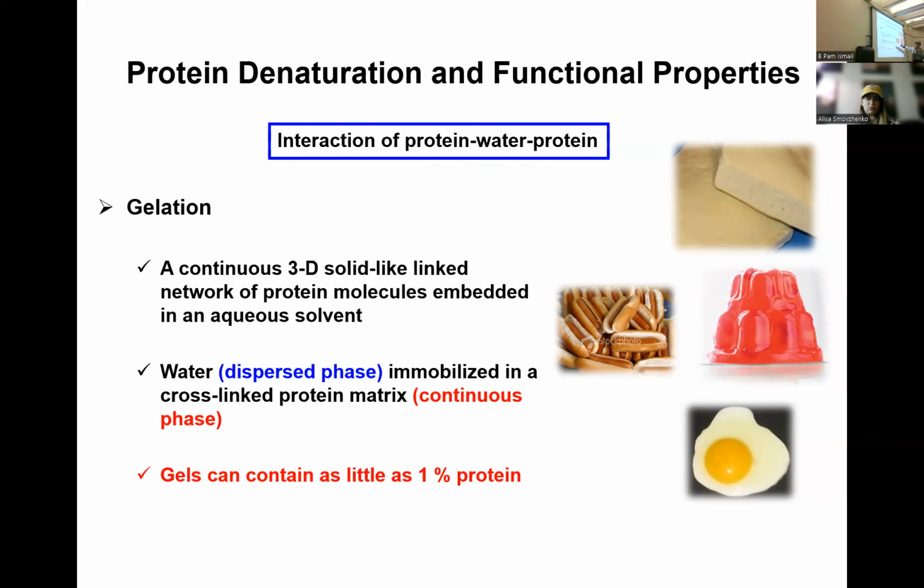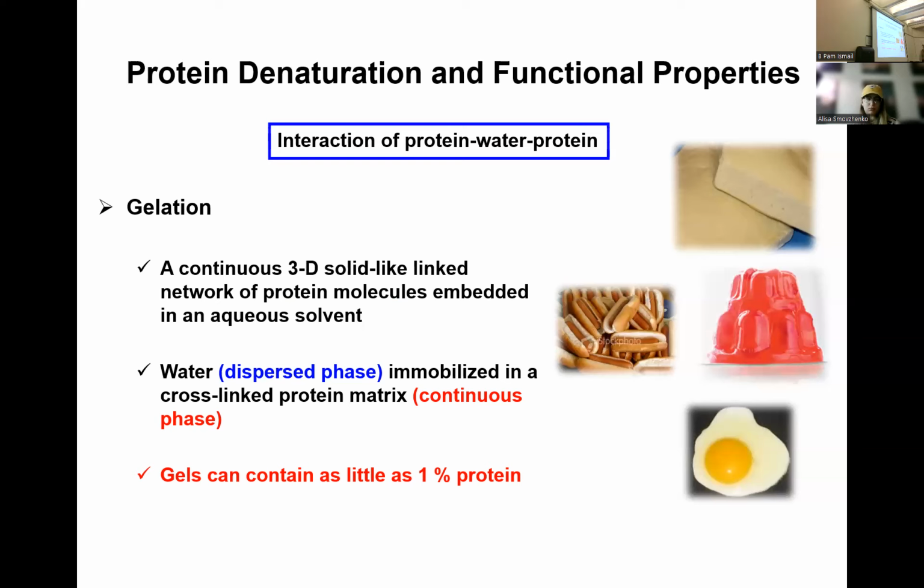So water is dispersed, and your continuous phase is your protein matrix. Sometimes gels can be formed at 1% protein, like gelatin, but sometimes they need 20% protein.